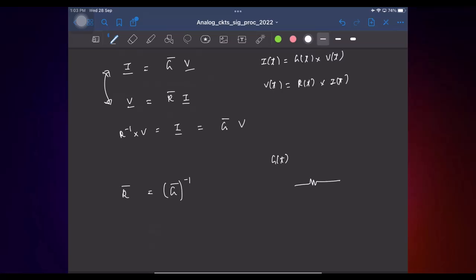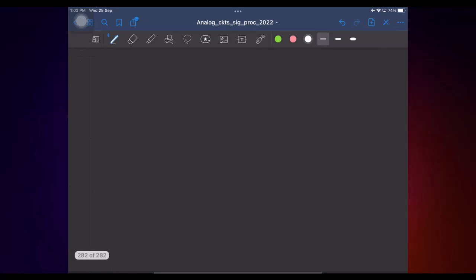Yeah. Let's also quickly look at the capacitor, right? As I mentioned, the capacitor is usually constant, but still you can represent it in a matrix form like this. And if the capacitor also varies with time, what will be the IV relation for the capacitor?